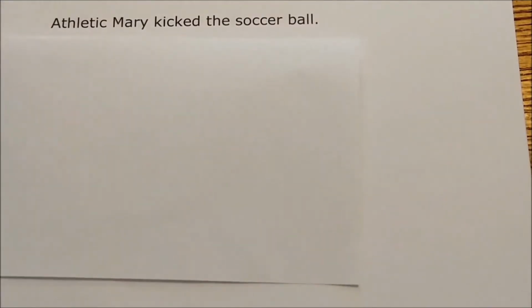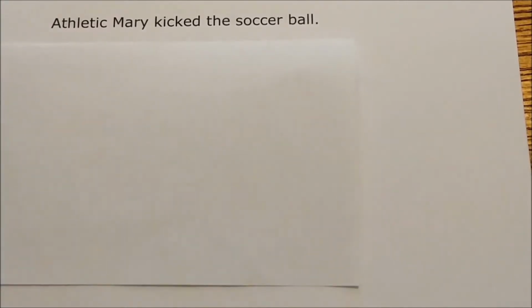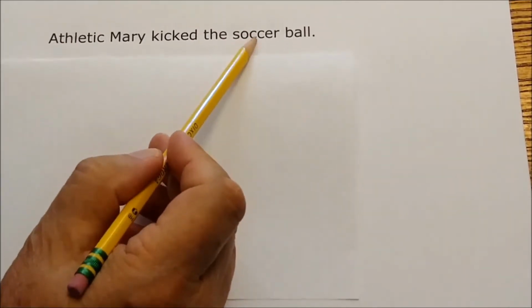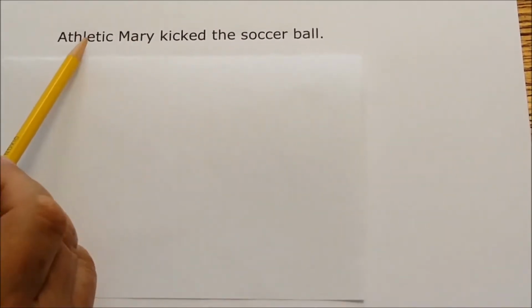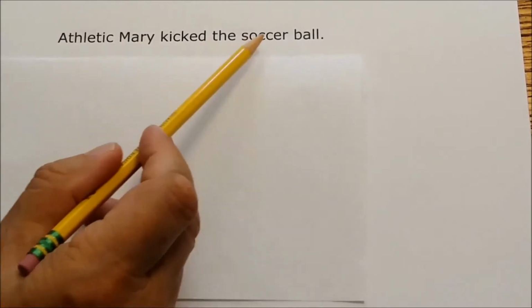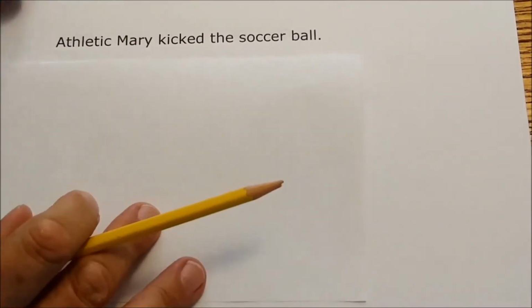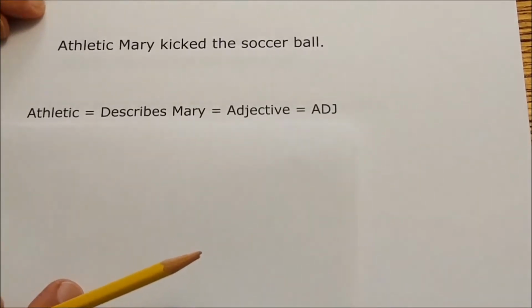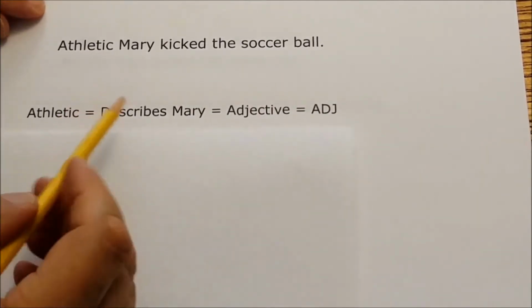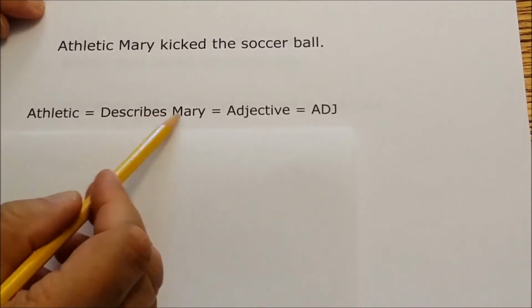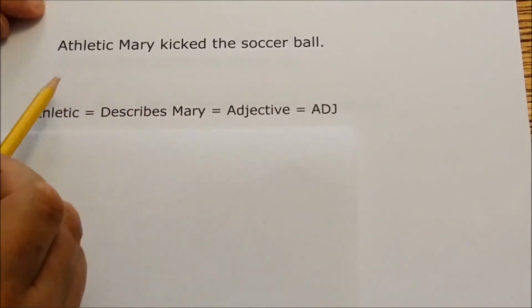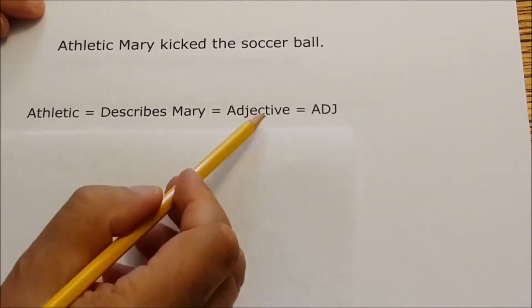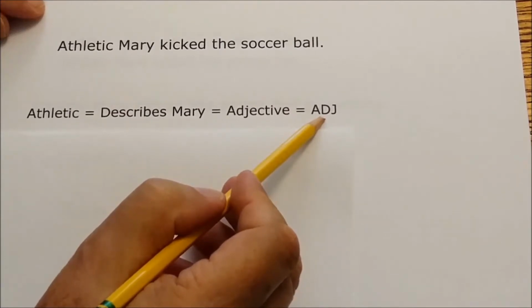We're going to take our basic sentence and we're going to add some words now. We're going to add the word athletic and the word soccer. So now the sentence reads, Athletic Mary kicked the soccer ball. Okay? We've actually expanded the sentence. Athletic describes Mary, something about Mary. Any word that describes the subject of a sentence is called an adjective, and we abbreviate that ADJ.